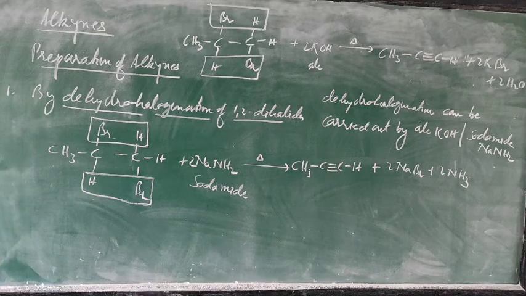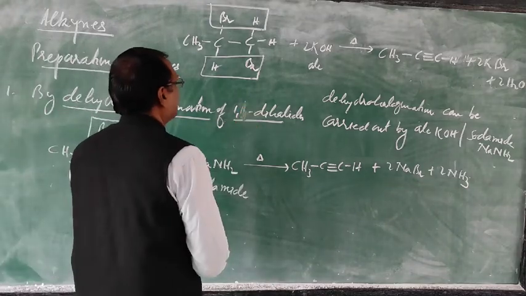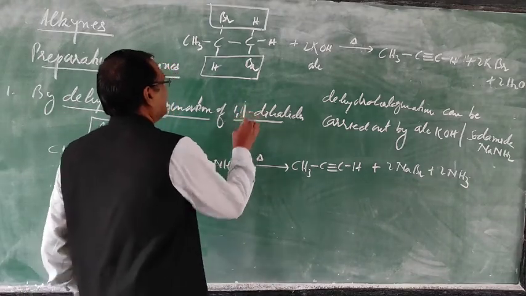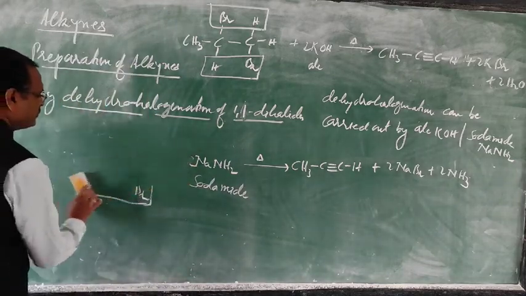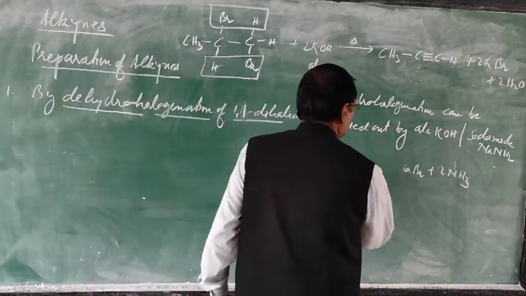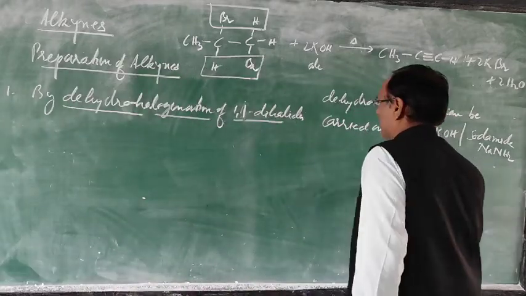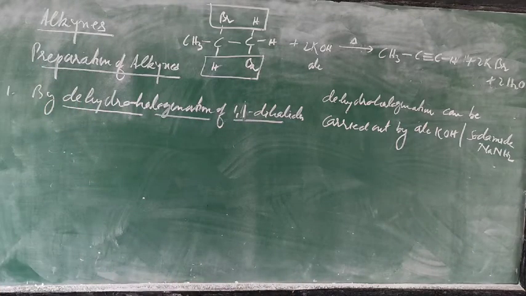Now the second method is by dehydrohalogenation of 1,1-dihalides. Here we have seen 1,2-dihalide; we can take 1,1-dihalide. What do we mean by 1,1-dihalide? It means that both halogen atoms are present on the same carbon atom.